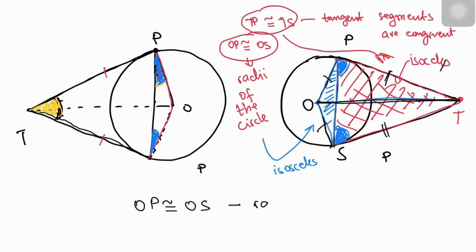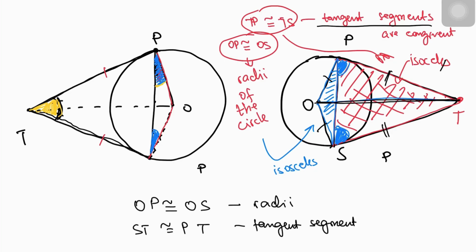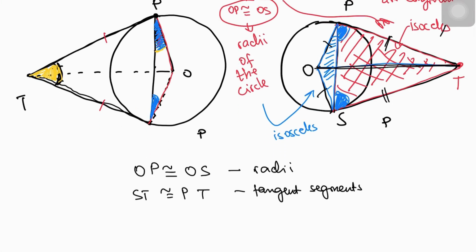Then ST is congruent to PT as tangent segments. And we have also the fact that OT is congruent to OT, same segment.